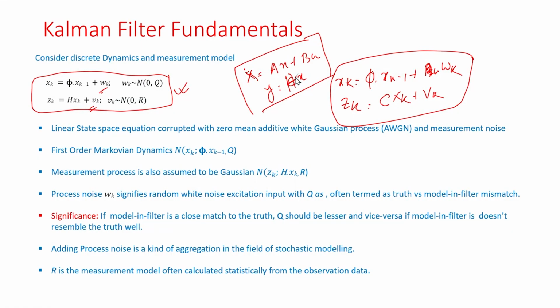So, we started with the continuous and discrete state and measurement equations. x dot equal to Ax plus Bu, y equal to Cx, or let us take a common notation, say Hx. Here you do not have any noise: x dot does not have any noise, and y also does not have any noise.